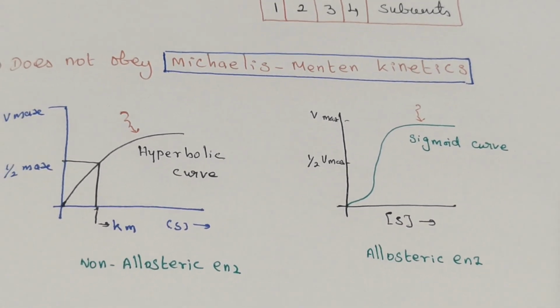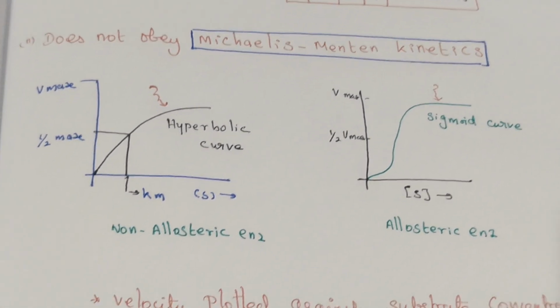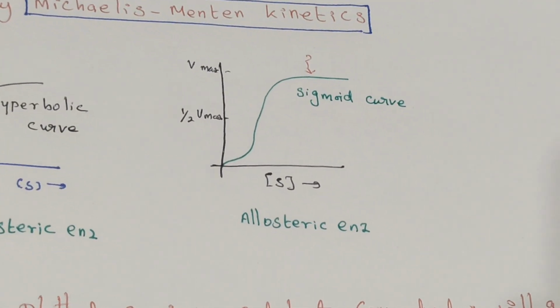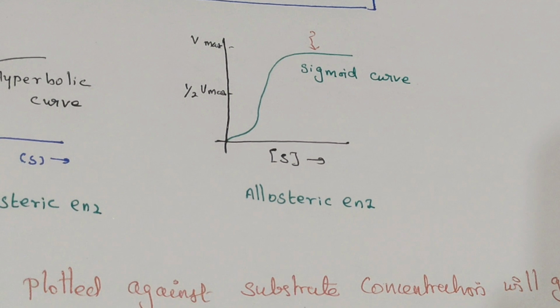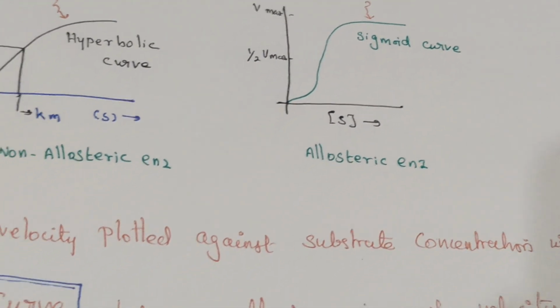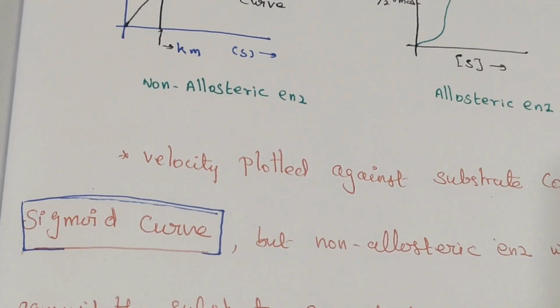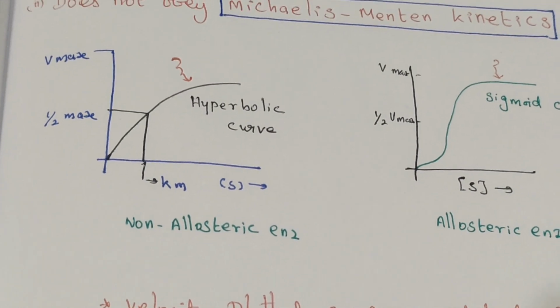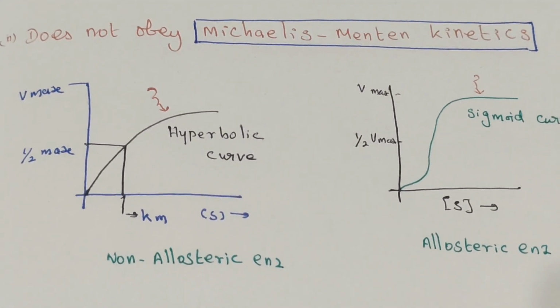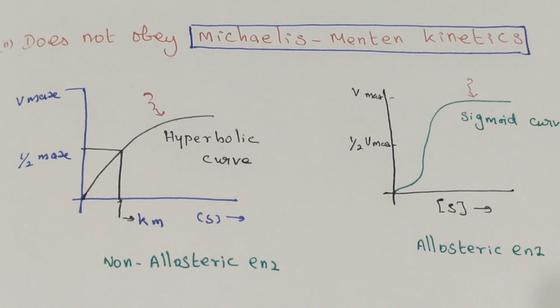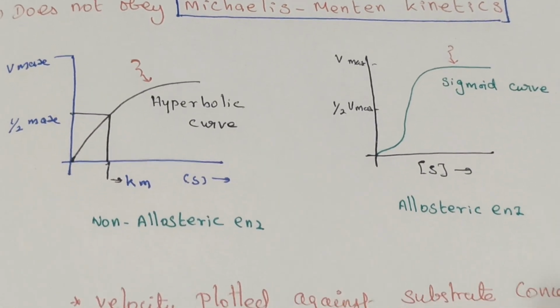That means the velocity plotted against the substrate concentration gives a sigmoid curve. But for a non-allosteric enzyme, when velocity is plotted against the substrate concentration, we get a hyperbolic curve.